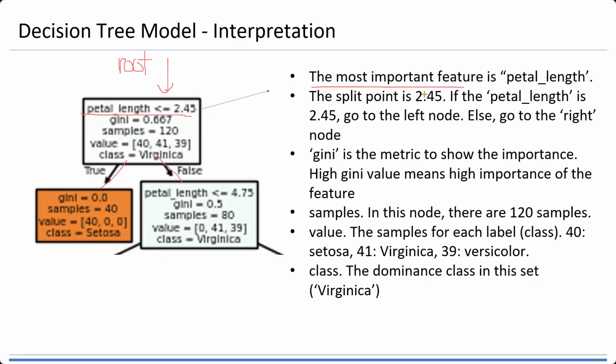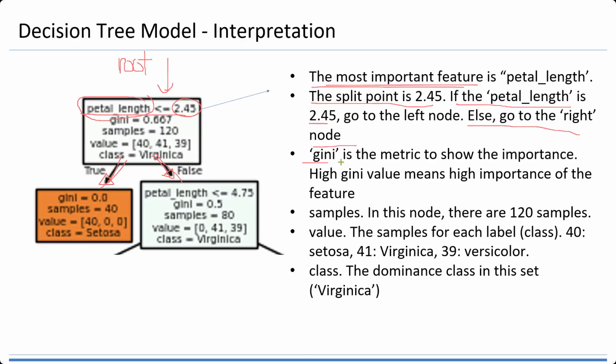It means the most important feature is petal length, and the split point is 2.45. If the petal length is less than 2.45, true, then go to the left. Else, go to the right node.